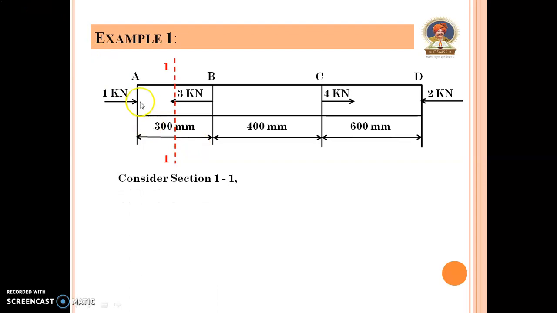Now here there are two sides. This side is the left hand side of that 1-1 section, and this side is the right hand side of that section. So first of all we consider the left side of section 1-1.